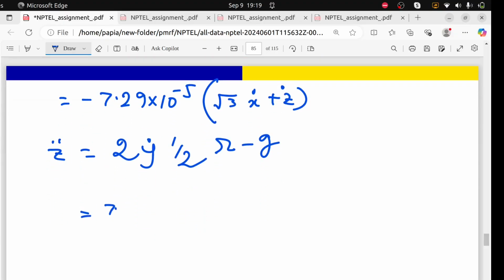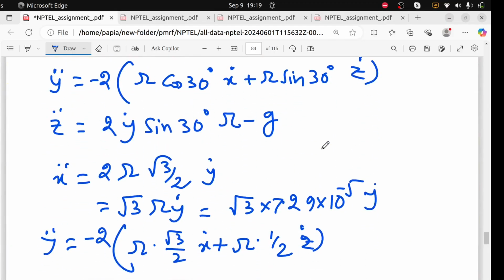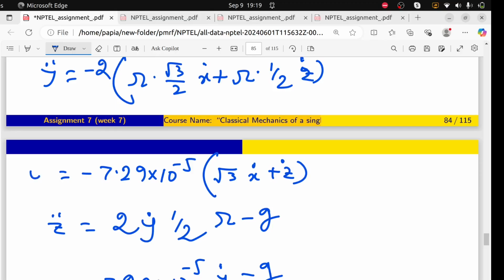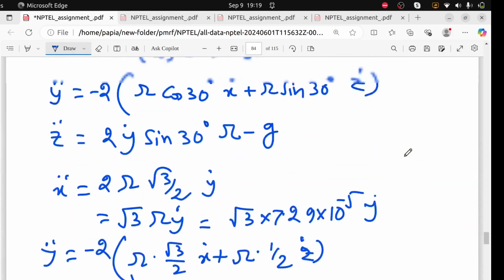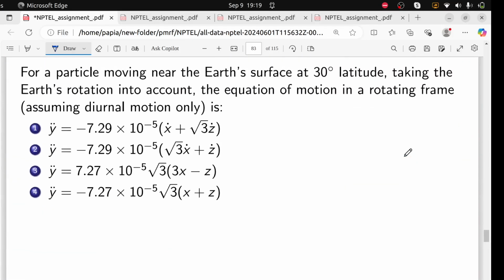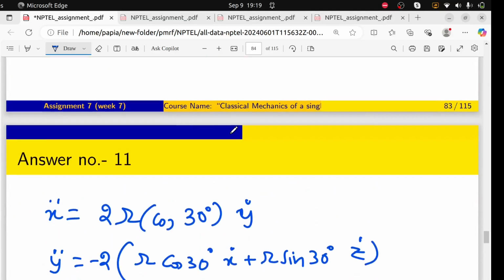So it is 7.29 into 10 to the power minus 5 y dot minus g. So they are asking about y double dot. That means this is y double dot: minus 7.29 into 10 to the minus 5 times root 3 x dot plus z dot. That means the second one.